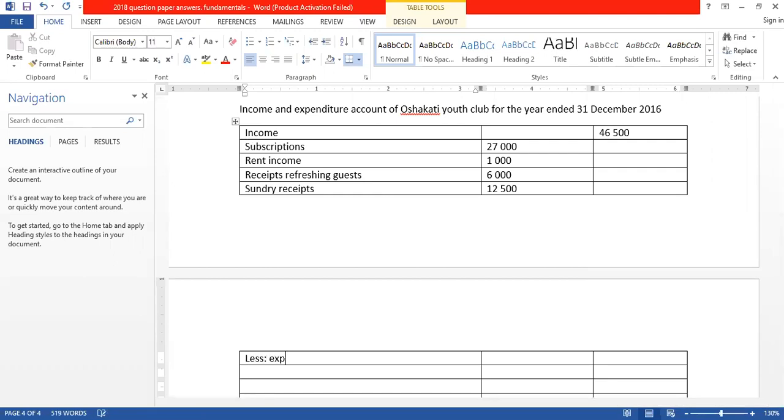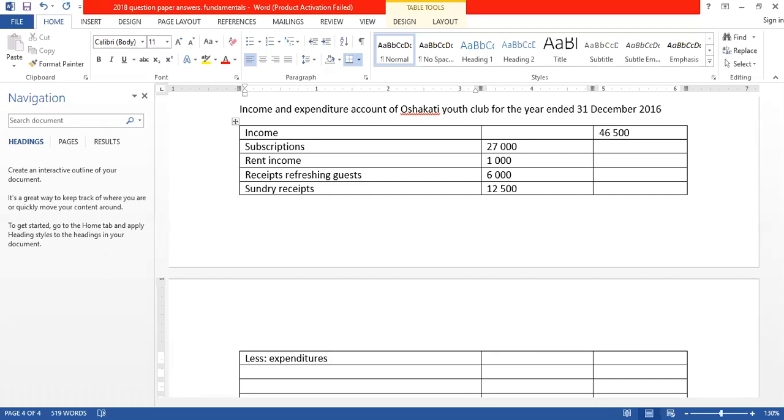So you less expenditure. And we said that expenditures is just the same word as expenses. It's only that when it comes to non-profit making organizations, we do not use the word expenses, but we use expenditures.